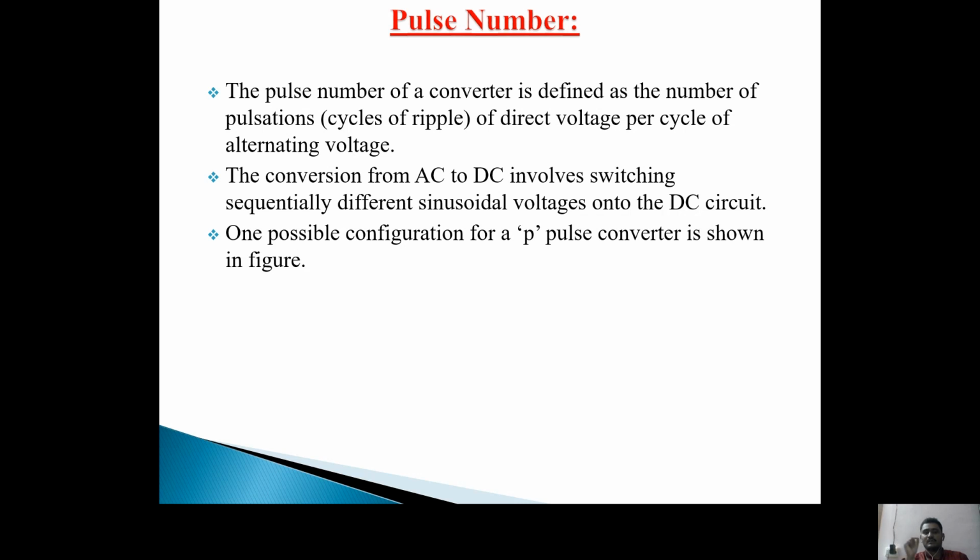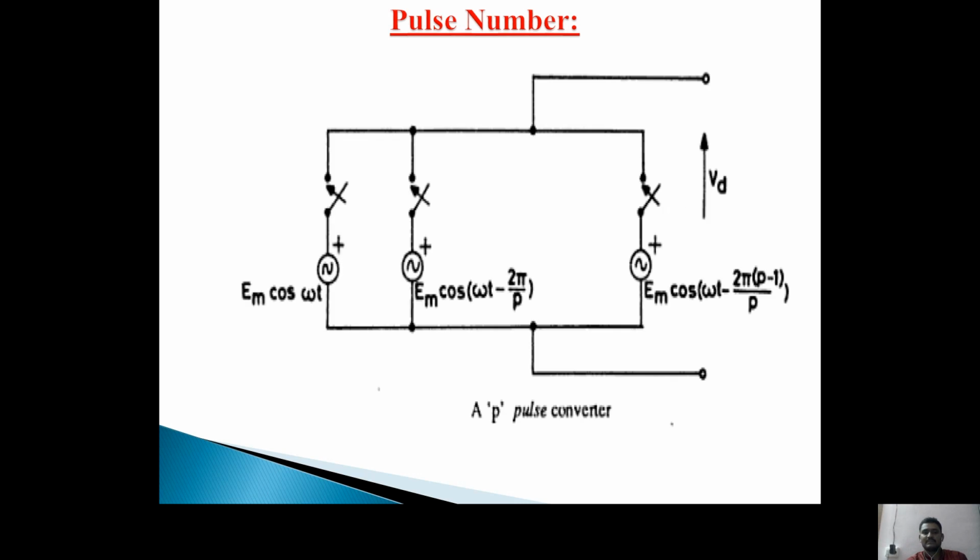So one possible configuration for a P-pulse converter is shown in the diagram. This is the diagrammatic representation of that P-pulse converter. Here I am taking a voltage source in series with a switch.